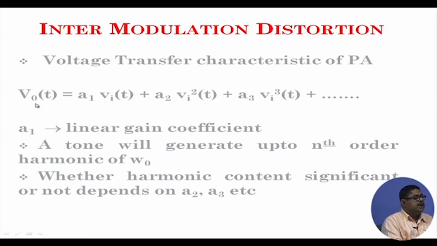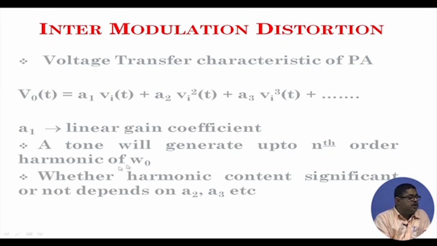That is why at that time we assume it is always linear, but in the large signal case we cannot neglect all of these. A1 is called the linear gain coefficient, because if Vo t is equal to A1 Vi t, then this is a linear thing.